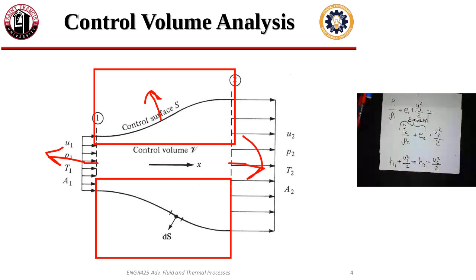Like that was our energy equation for a calorically perfect gas. One more assumption. All right.